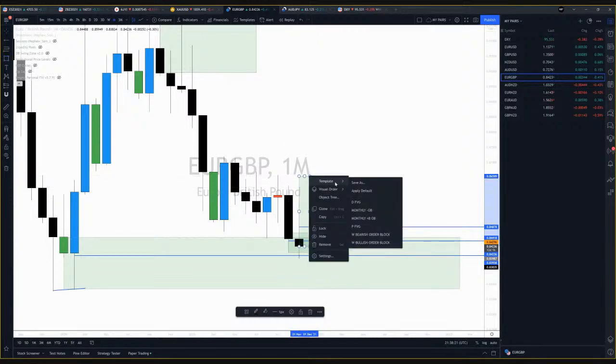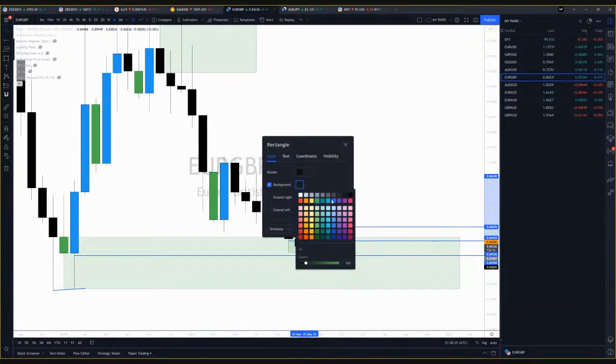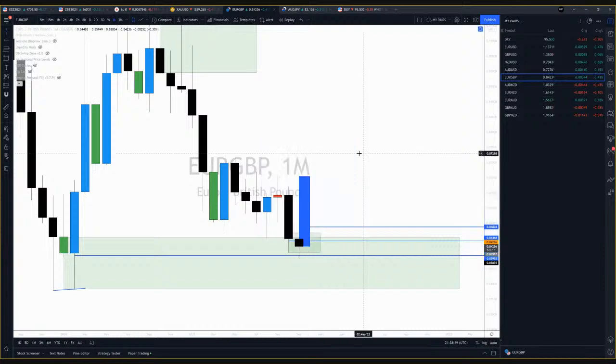So let's change this to blue, make it bold. There you go. Say at the end of this month we have a candle like this and it closes above this candle.